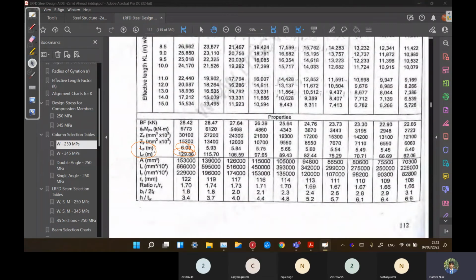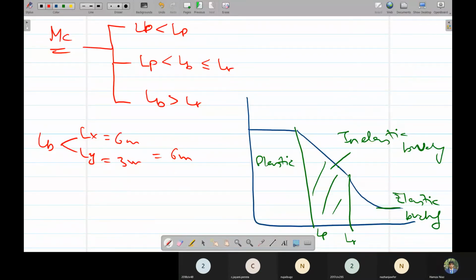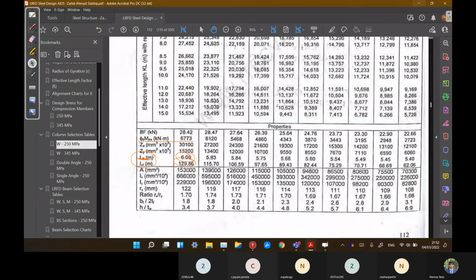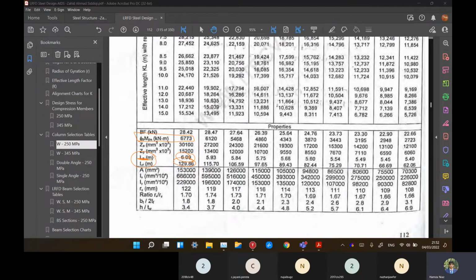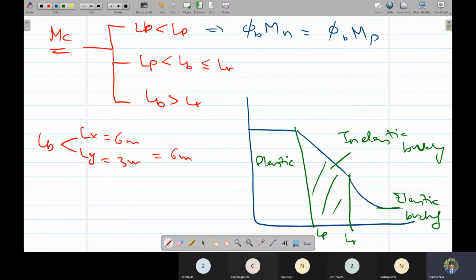If it is less than LP, the plastic moment carrying capacity, then our design moment phi b Mn will be equal to phi b Mp, which is directly given here. So we'll directly use our design moment as this plastic carrying capacity. This design moment is MC, the moment carrying capacity.